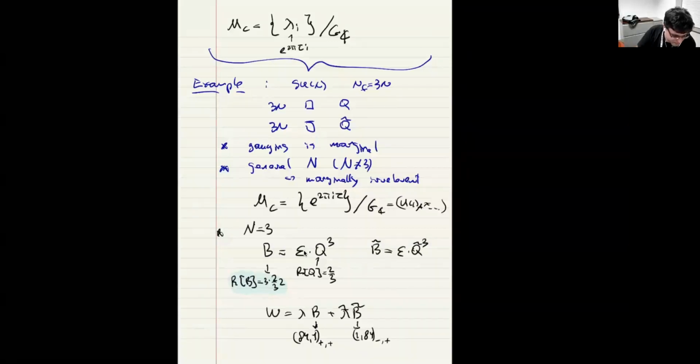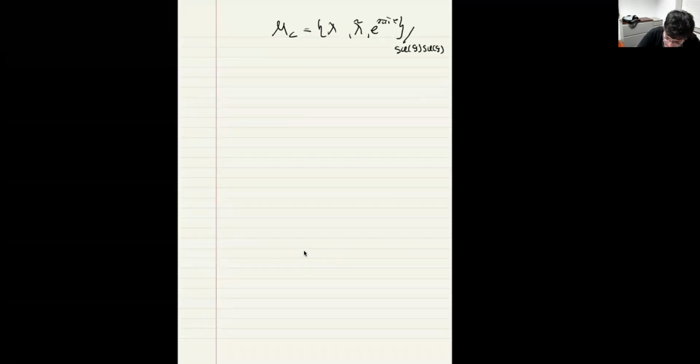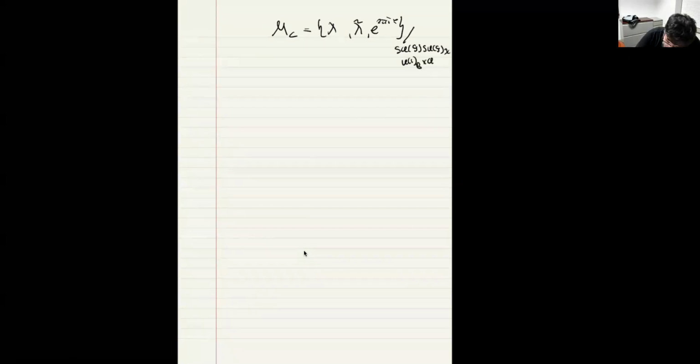Okay, thank you. So now the quotient that we need to compute to find the conformal manifold of this theory is: we list all these couplings, lambda, the baryonic coupling and the antibaryonic coupling, and the gauge coupling, and we need to quotient by SU9 times SU9 times U1 baryon and times the anomalous symmetry.